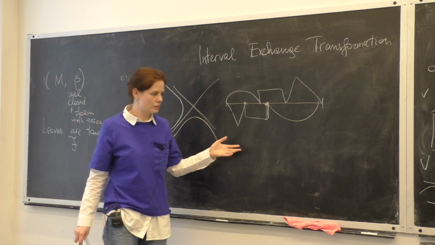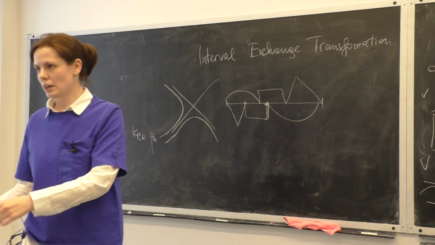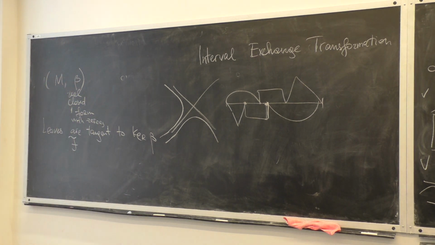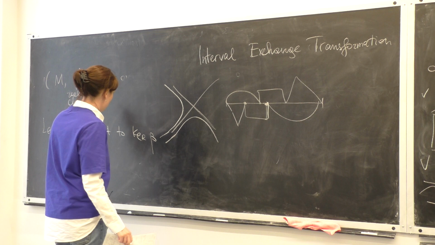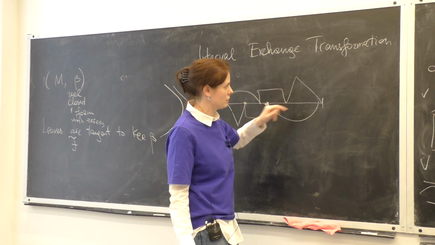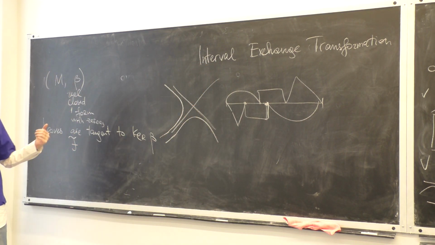And so you can ask, where does your point go under the action of this map? You can consider, for instance, whether it's closed or everywhere dense, or what it is doing. So you can replace the question about typical behavior of leaves by the question about behavior of orbits for an interval exchange transformation. And apparently, the opposite direction also works very well.